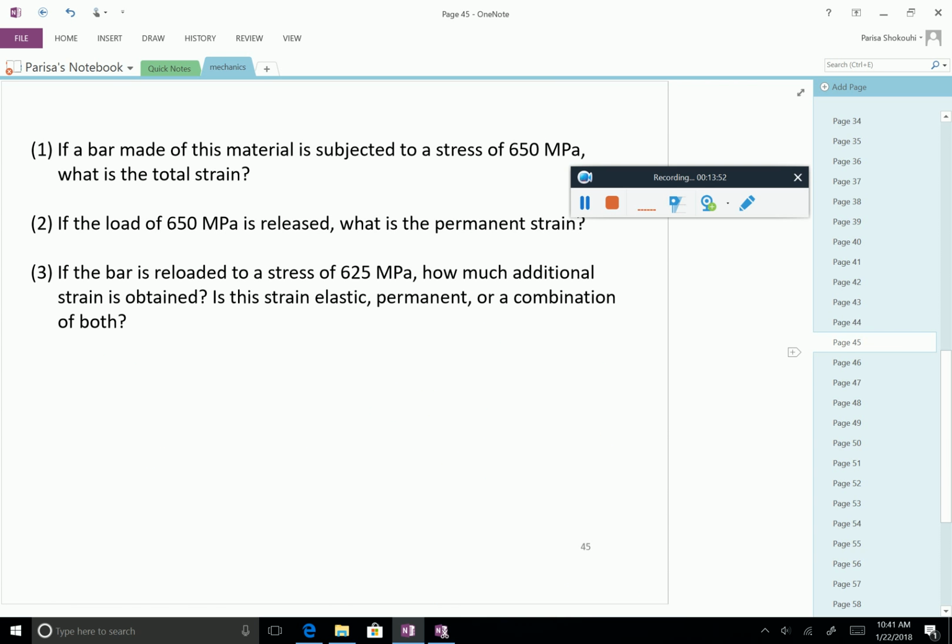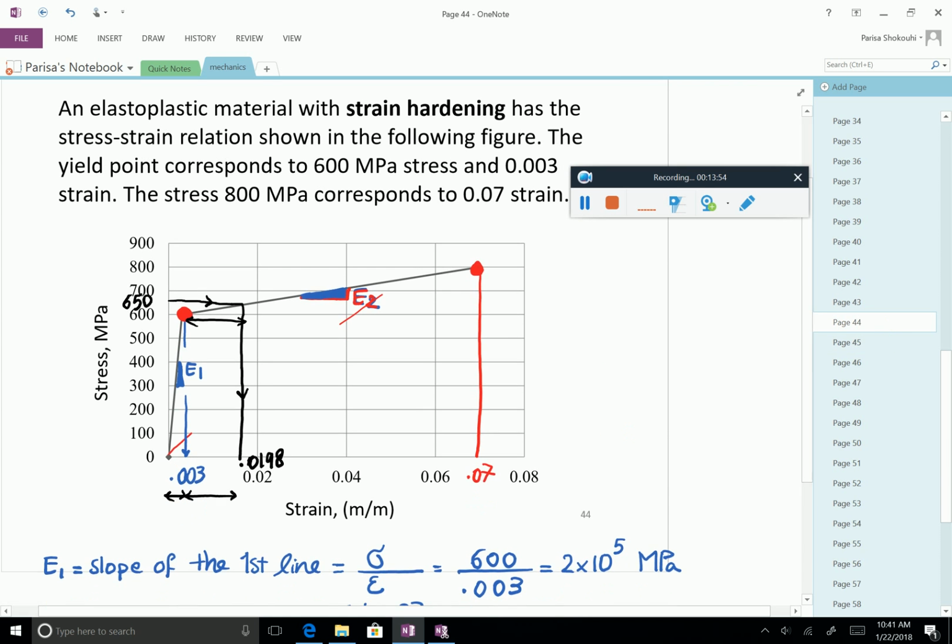And then we have the second part. What happens if we release this 650? So try first to draw the unloading curve based on the things we talked about last time.